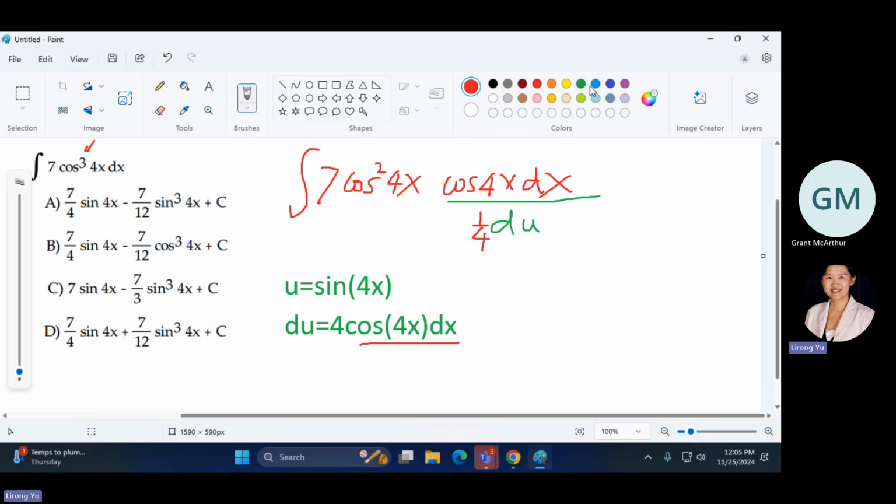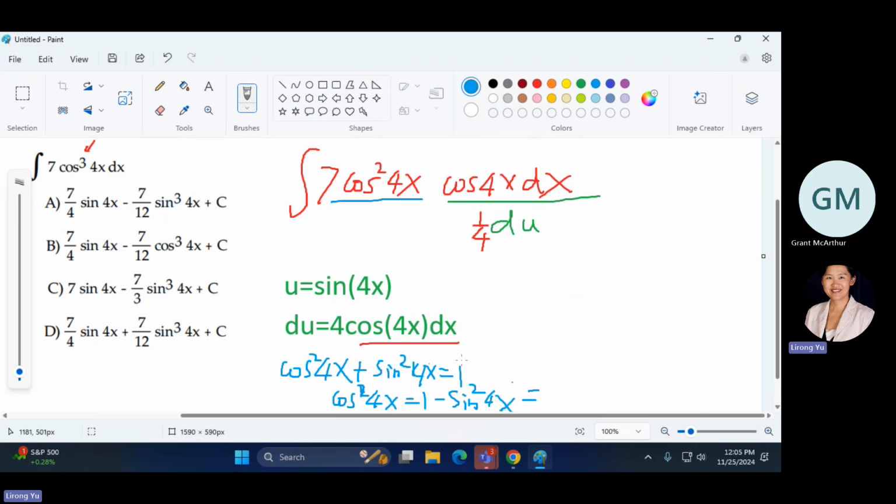So what happened to the other part, this part? The cosine squared 4x plus sine squared 4x will equal 1. So that means cosine squared 4x will equal 1 minus sine squared 4x.